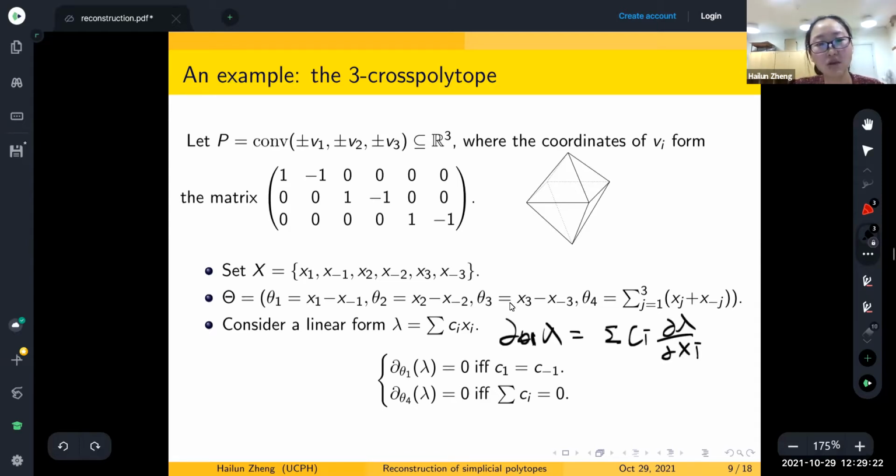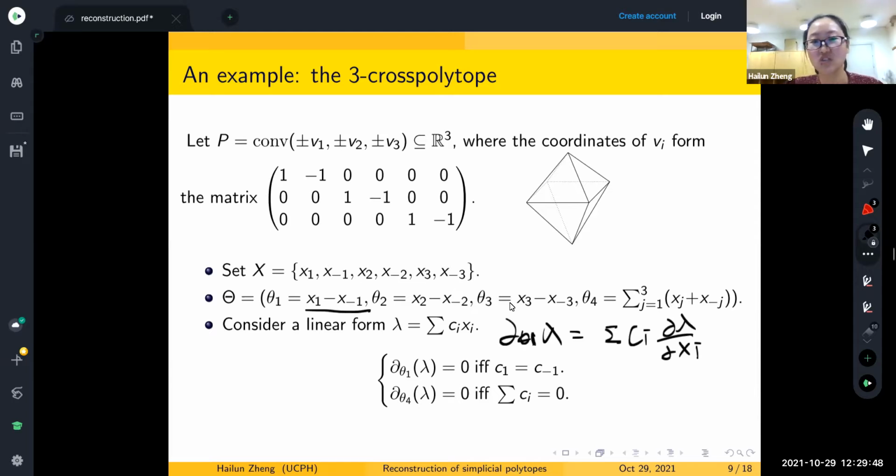Remember that theta 1 has nothing to do with the other 4 variables, x2, x minus 2, etc. So we just look at this function and you see that if it is 0, then it really means that the coefficients for x1 and x minus 1 have to be the same. So it really means that c1 equals c minus 1.